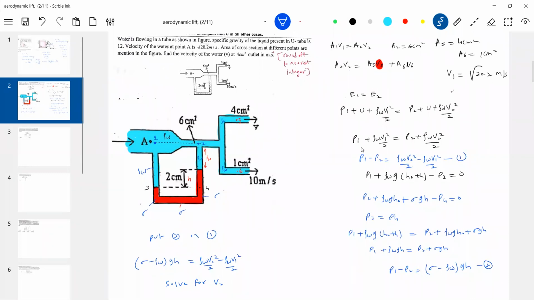So then what is V5? V5 should be equal to A2 V2 minus A6 V6 by A2. That V5 is what? B.